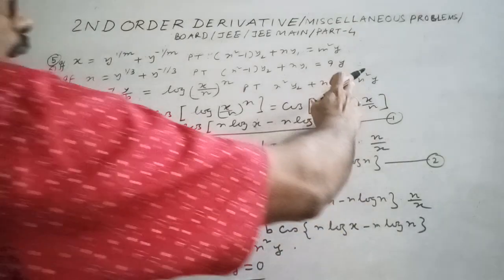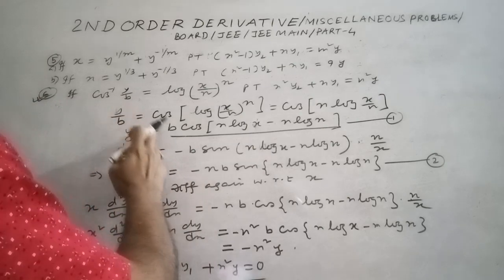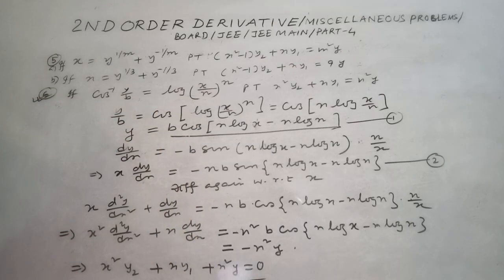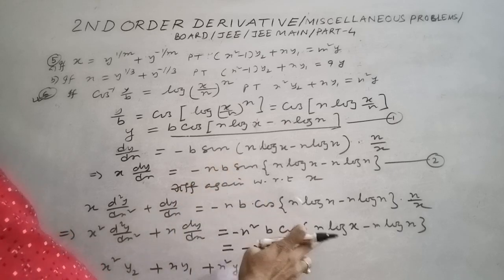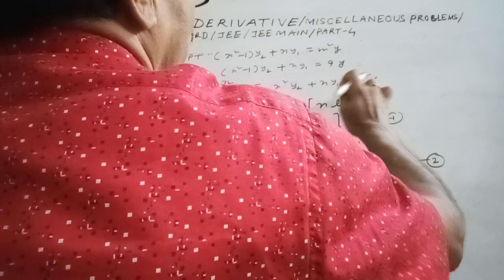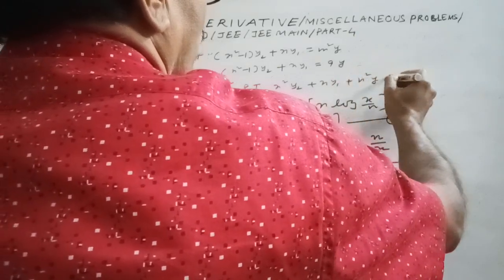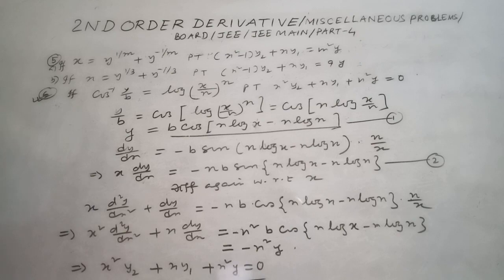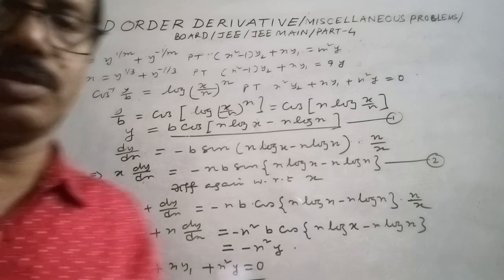Let us verify again. y by b is cos. The derivative of cos is minus sine, and the derivative of sine is cos, so the one minus will remain. So actually it will be x square y2 plus x y1 plus n square y equals 0.